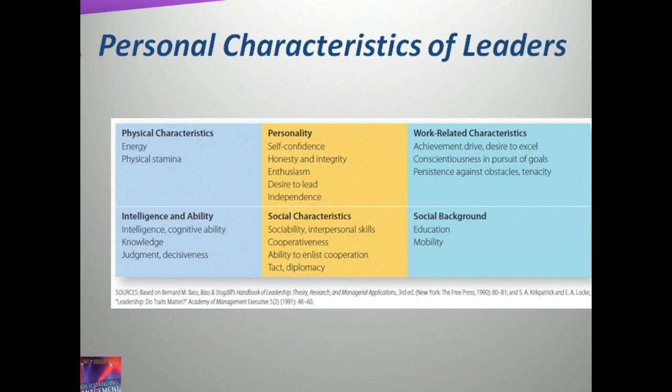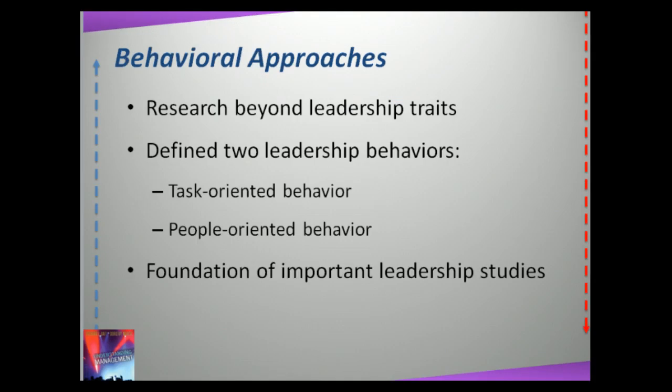There are two basic categories of leadership behaviors that have been identified as important for leadership: task-oriented behavior and people-oriented behavior. It's really important to understand these two types of behaviors as the foundation of some of our important leadership studies.